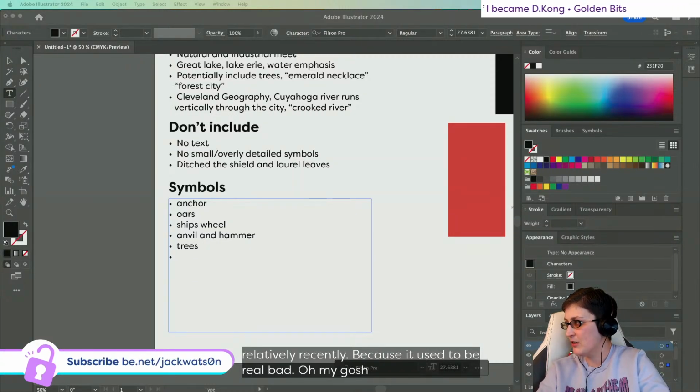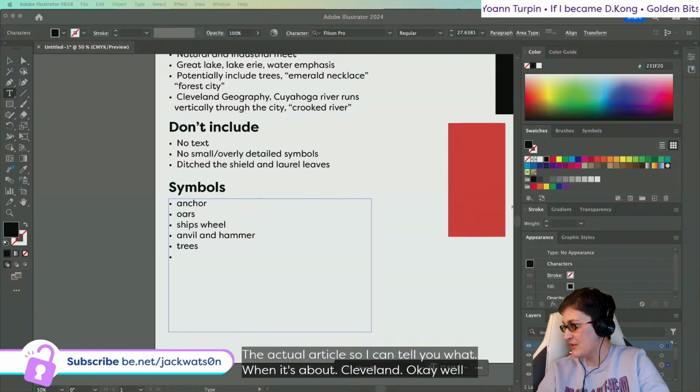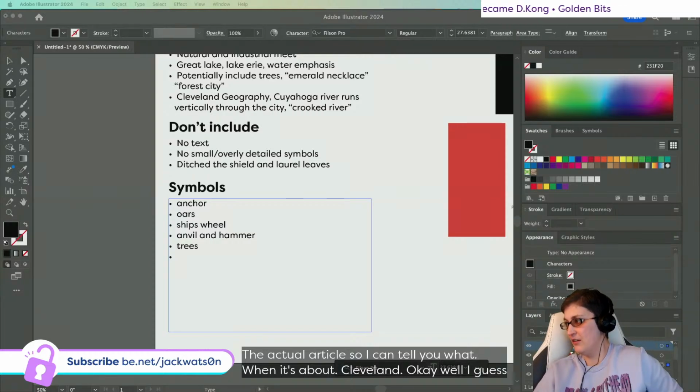Oh my gosh, come on. I want to get to the actual article so I can tell you what it's about. Okay, well I guess they just don't have any history on the seal.